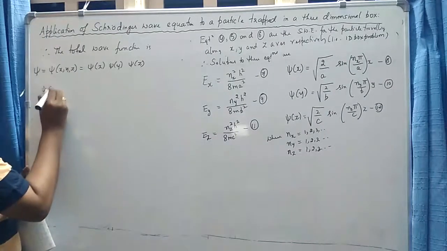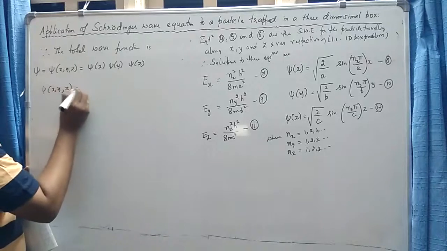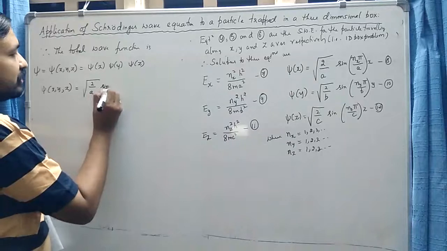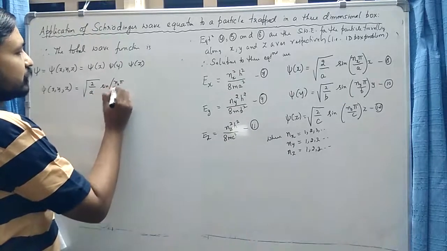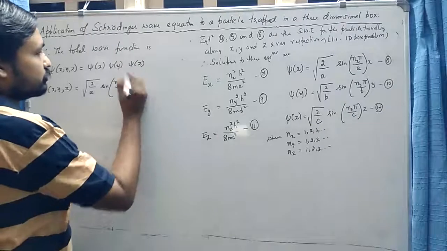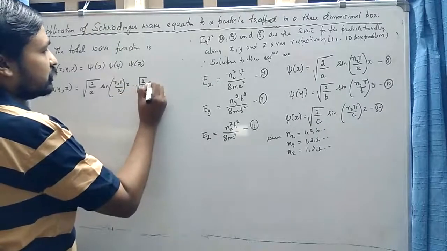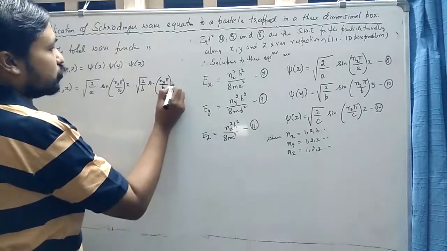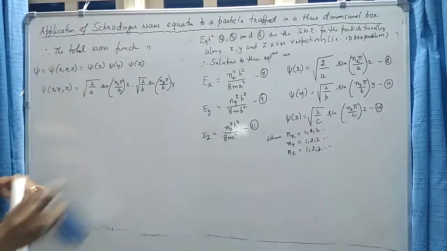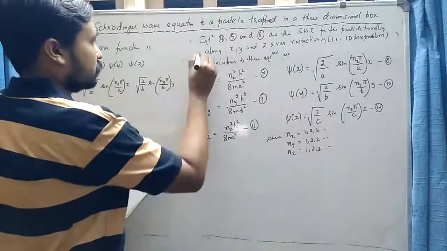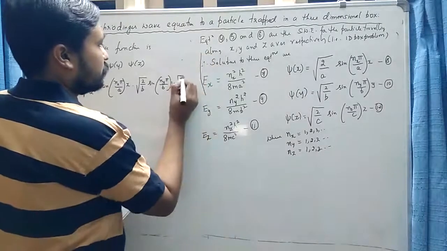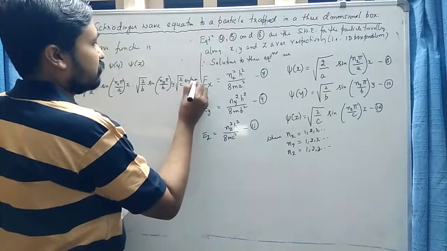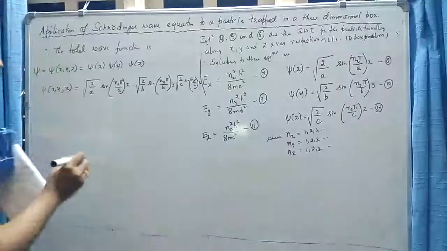So psi of x comma y comma z is, let us substitute, square root of 2 by a into sine nx pi by a into x, into psi of y, square root of 2 by b into sine ny pi by b into y, into square root of 2 by c into sine nz pi by c into z.